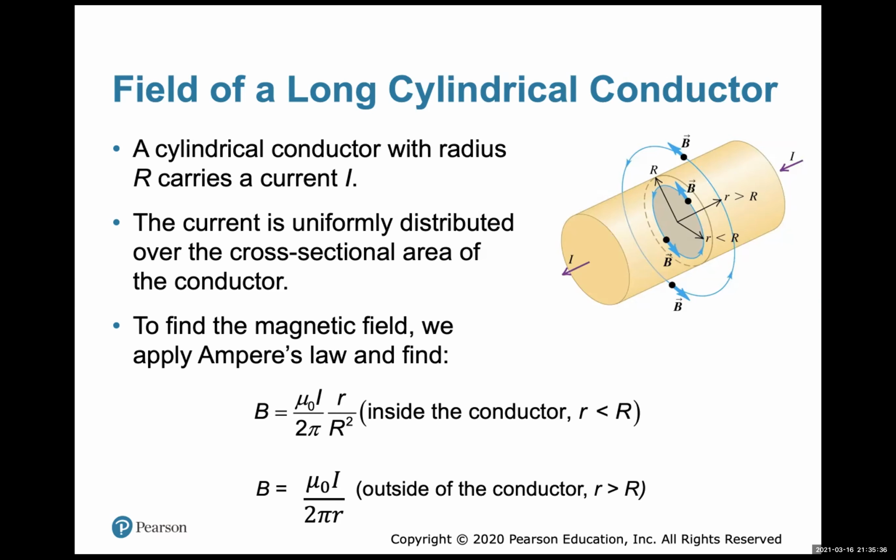Okay, so the field increases up until we get to the radius of the cylinder, and then outside of that, it's like we're a distance little r away from a very, very thin linear conductor. This feels like the same stuff we were doing with Gauss's law, just with slightly different geometry and a different field and a different expression, but it's the same method.